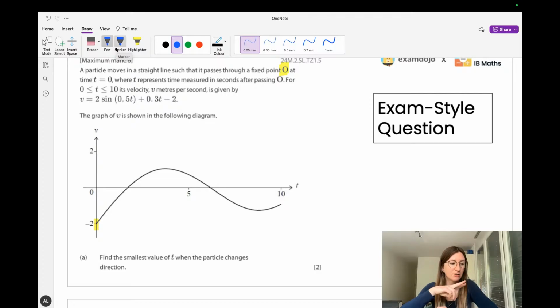And second question, at how many points on this velocity graph does the particle change direction? Anyone know? Need to do a poll maybe.